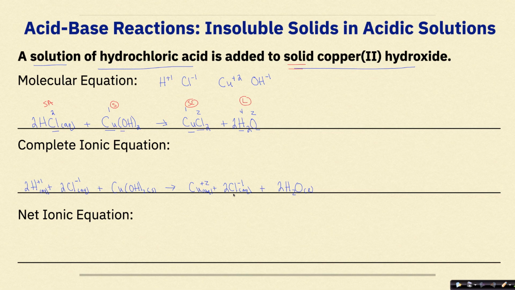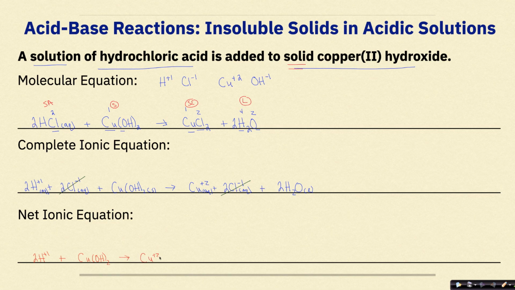The next thing that we're going to do is cross out our spectator ions. So 2Cl minus 1, 2Cl minus 1. There are no other spectator ions in our complete ionic equation. So we're going to finish this up by just rewriting our net ionic equation. 2H plus 1 plus Cu(OH)2 because it is a solid.